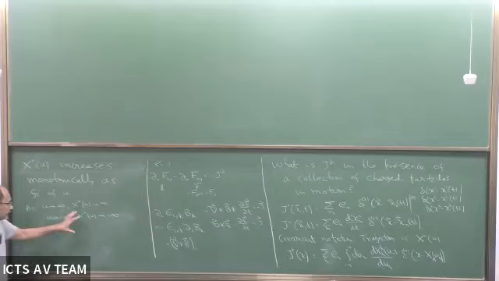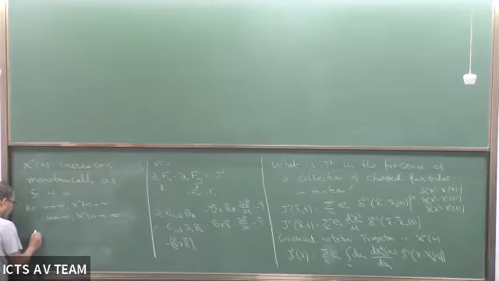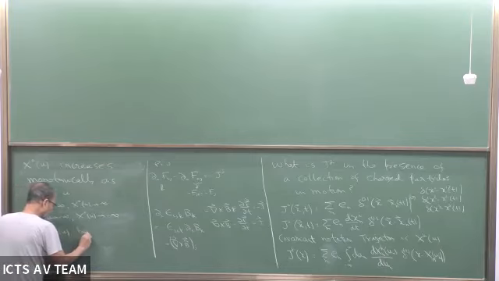So under these conditions, the delta function x naught equal to x naught of u has a unique solution for u.